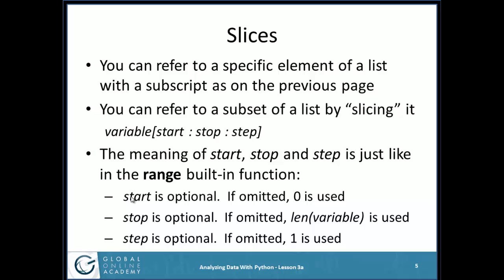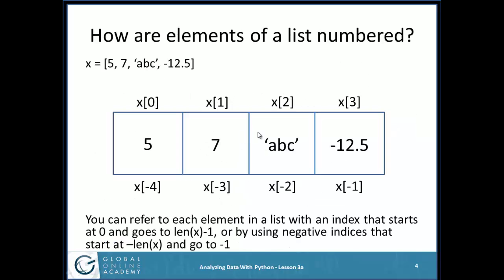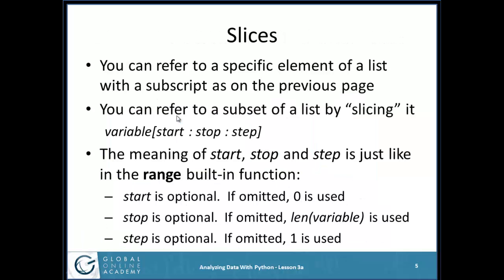Now, Python also lets you slice a list, meaning find more than one, possibly 0 or 1 or more than one element, by giving it a start and a stop and a step, or sometimes also called a stride. So we referred to specific elements like this with just x square bracket 0.